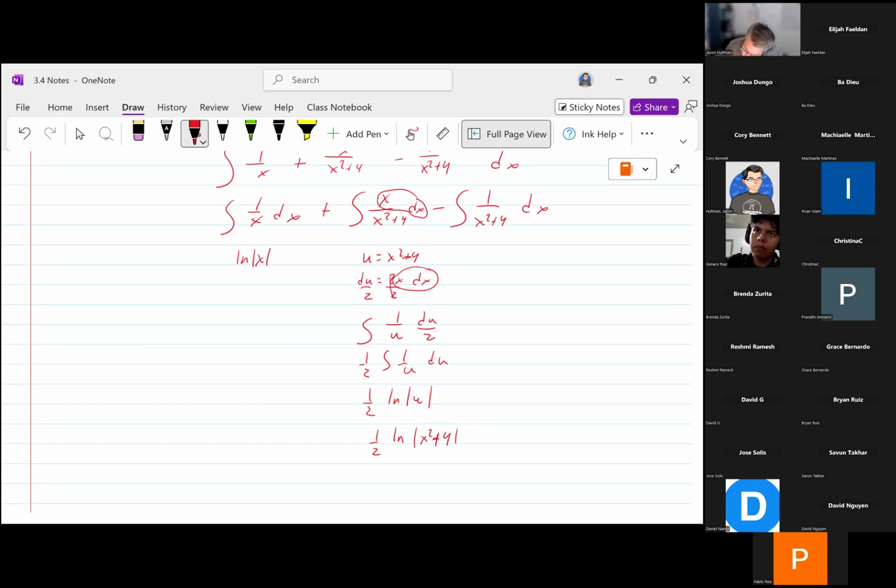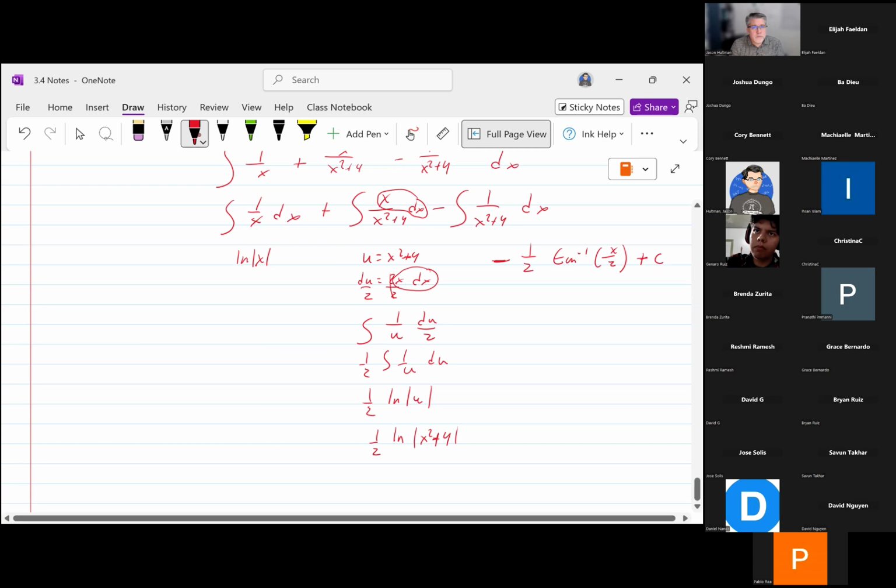What is that going to become? This is minus 1/2 times the inverse tangent of x over 2 plus c.